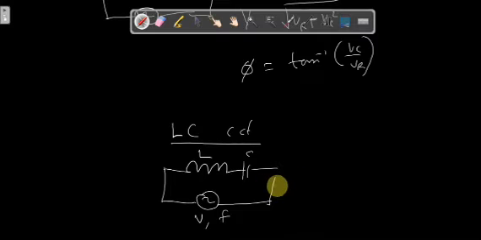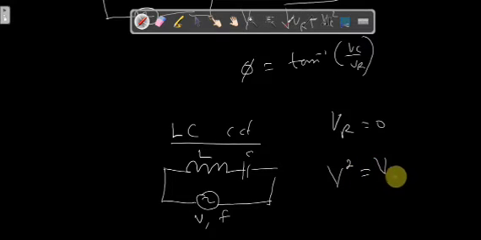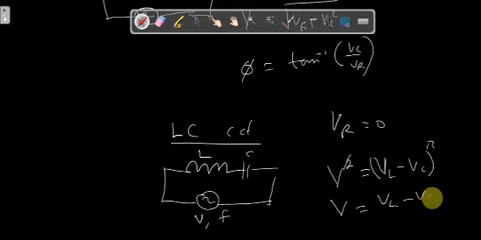Now you notice that in this case, VR is going to be equal to 0. So V squared is equal to VL minus VC all squared. Notice that the square will cancel out the root. So the voltage will just be equal to VL minus VC.